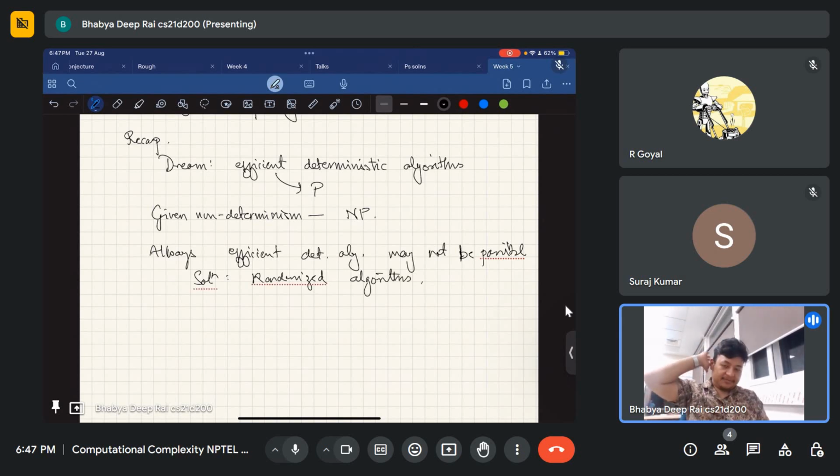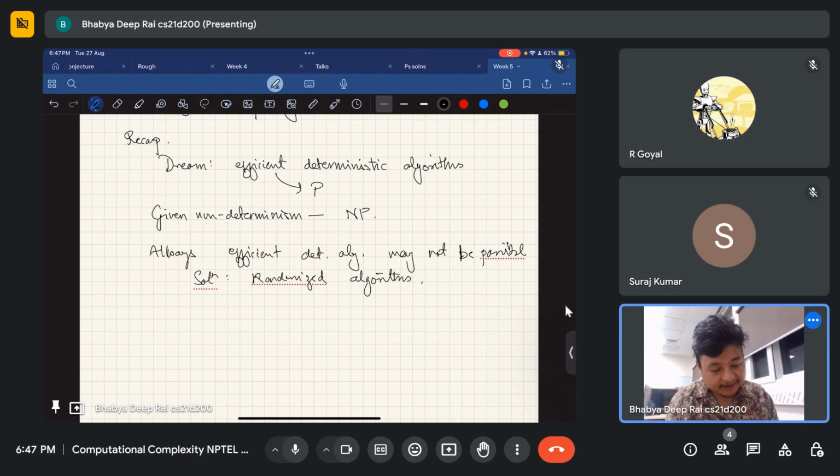What is meant by randomized algorithms is that if I am in a current state, then the next step of the algorithm is not clear. It is not determined, it is not deterministic.